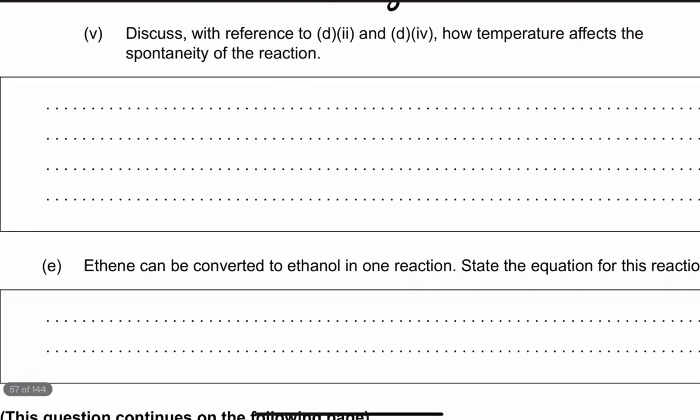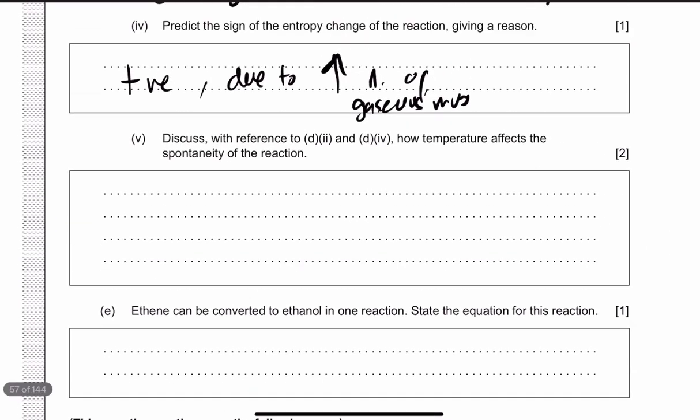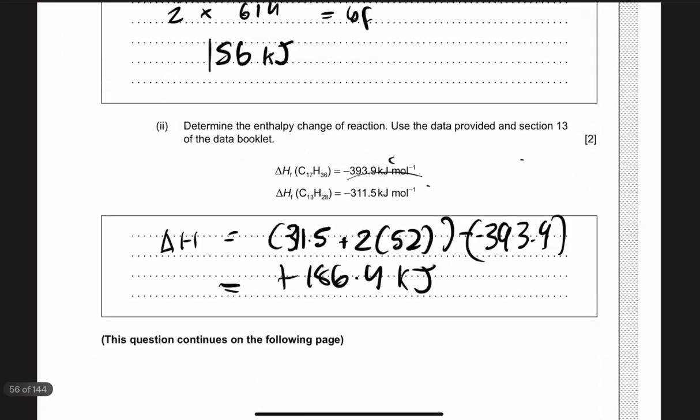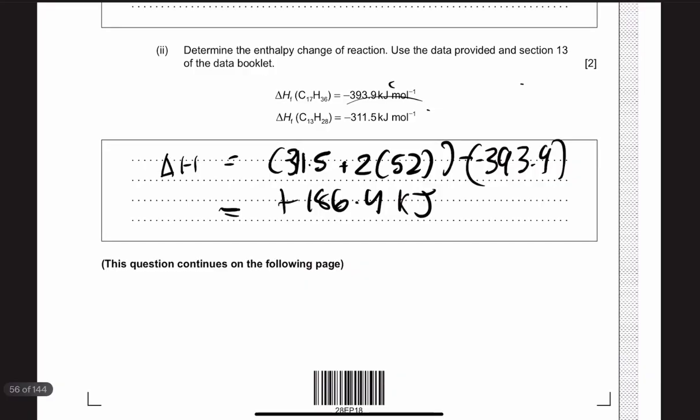Discuss with reference to D II and D IV how temperature affects the spontaneity of the reaction. Okay. So with reference to D II and IV, II proves that it's going to be an endothermic reaction.